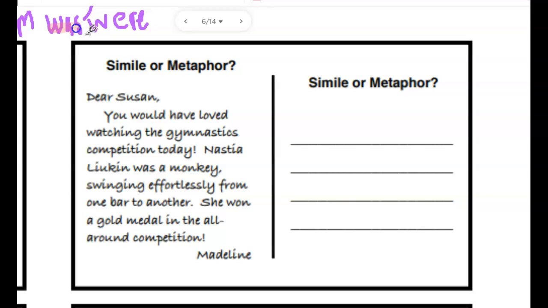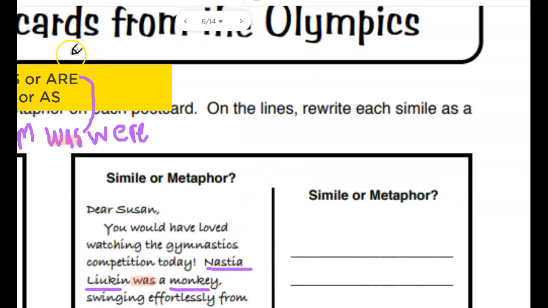So I see one of those keywords, one of the forms of are. See, was. She was a monkey. They're comparing Nastya Luikin to a monkey. So now I can change it. It is a metaphor. And I can change it into a simile by instead of using was, use like or as.